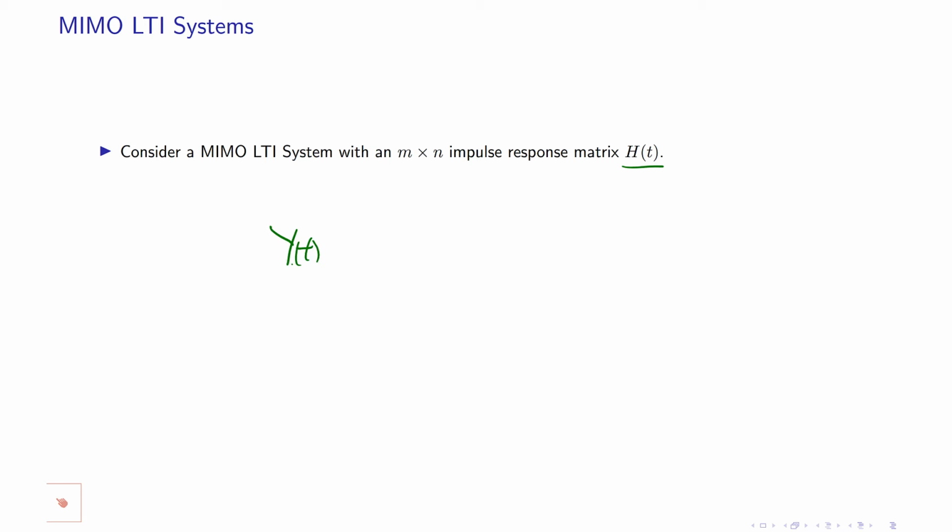So the MIMO linear time invariant system is the case that you have a system which has n inputs and m outputs. So they are characterized by an impulse response matrix. So the y of t, which is a vector random process, is equal to this h of t as a matrix convolved with x of t.